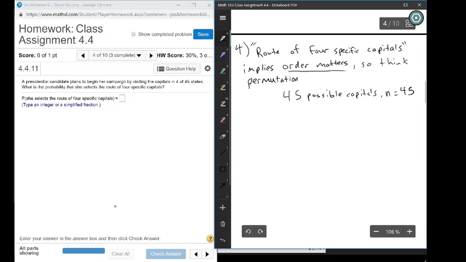And 4 capitals selected, so r is equal to 4.